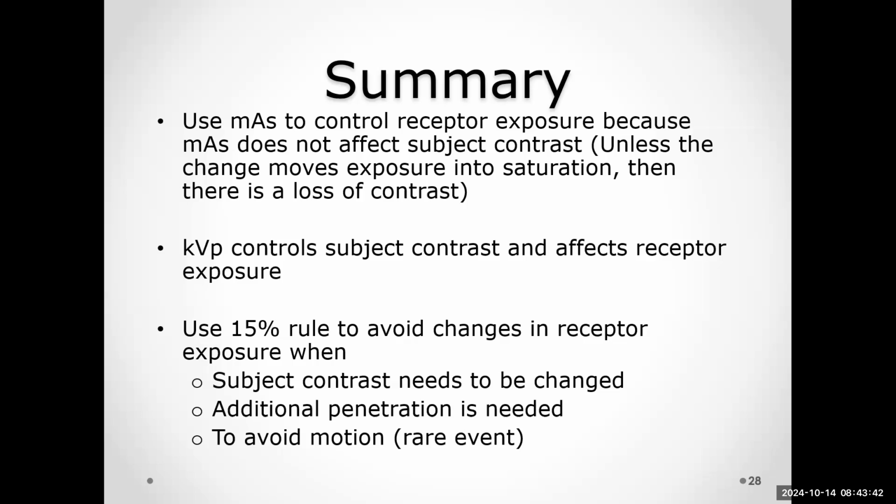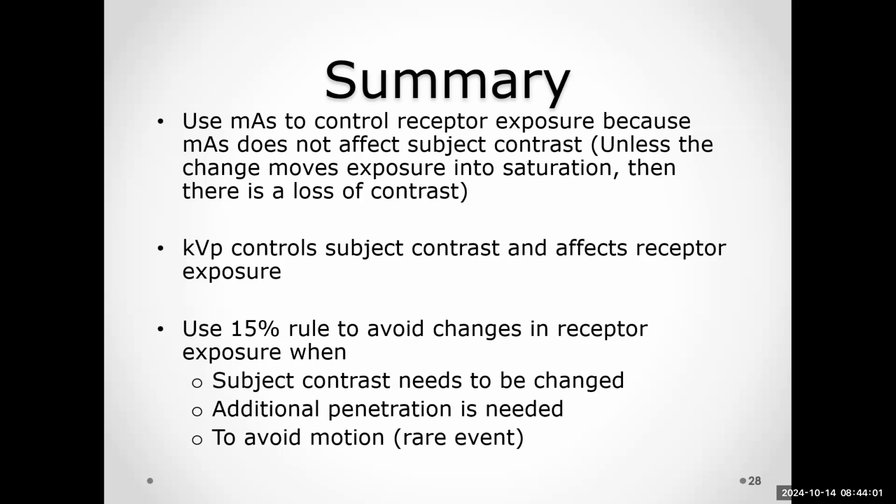But we're not talking about that extreme. In general, changes to mAs don't affect subject contrast because it doesn't change the quality of the beam. However, kVp does control subject contrast and it does affect receptor exposure.